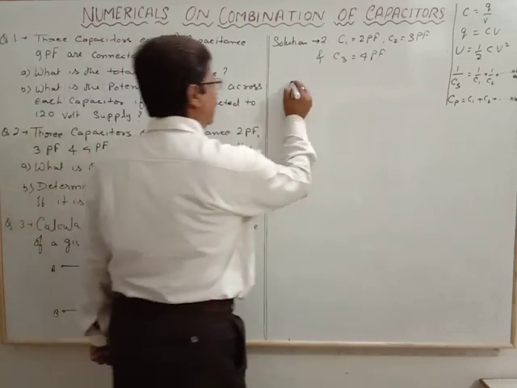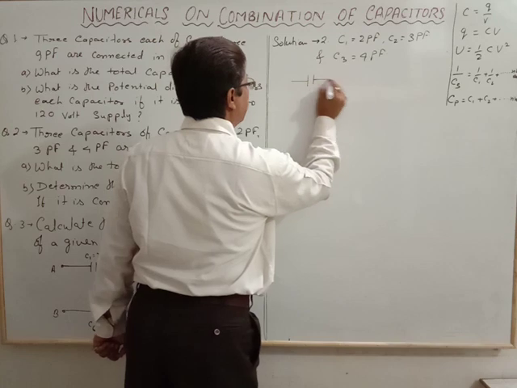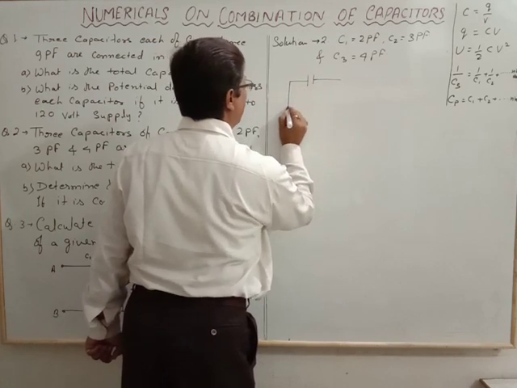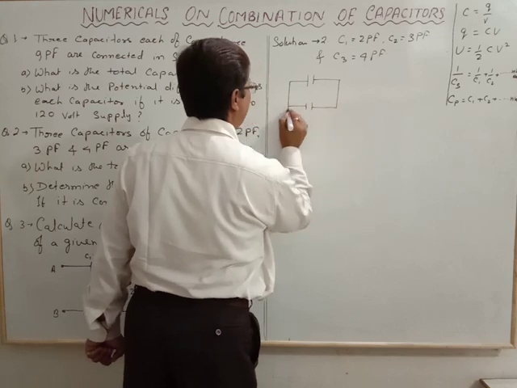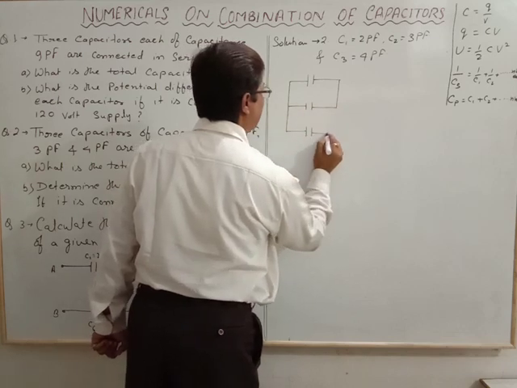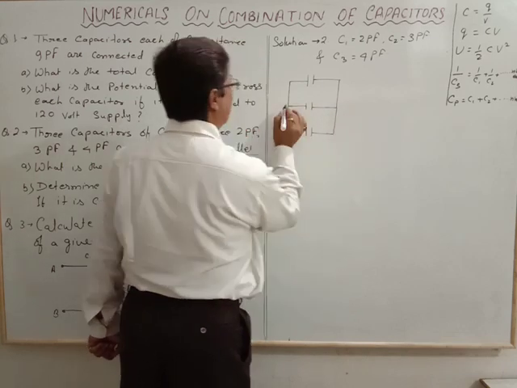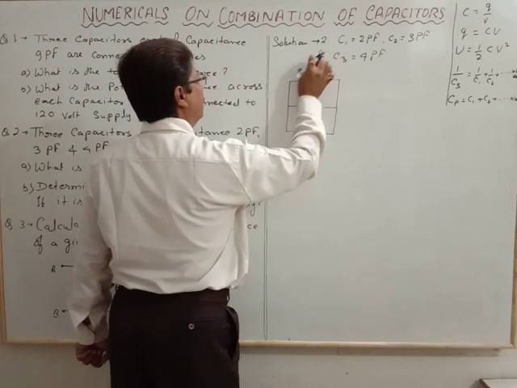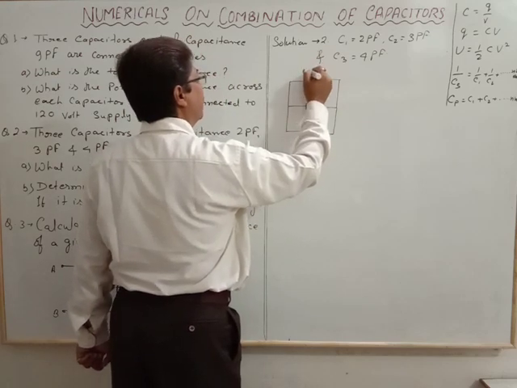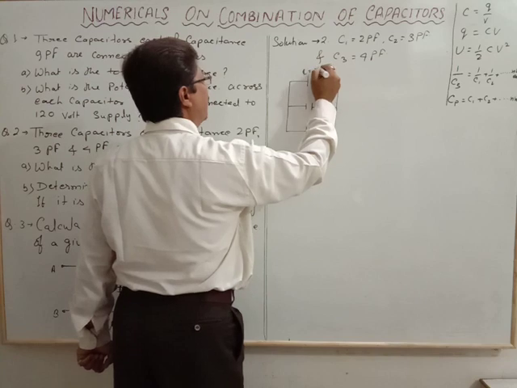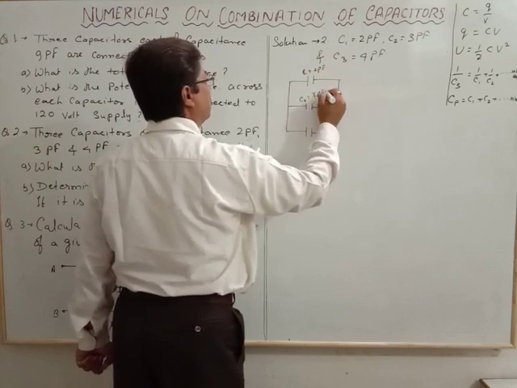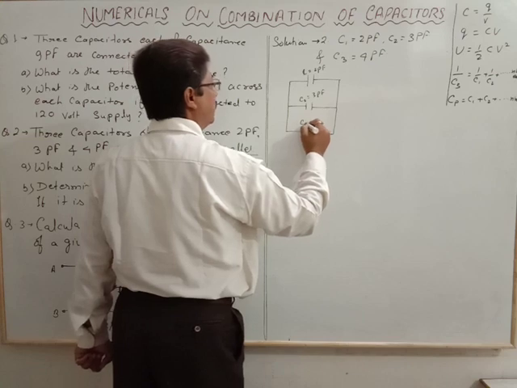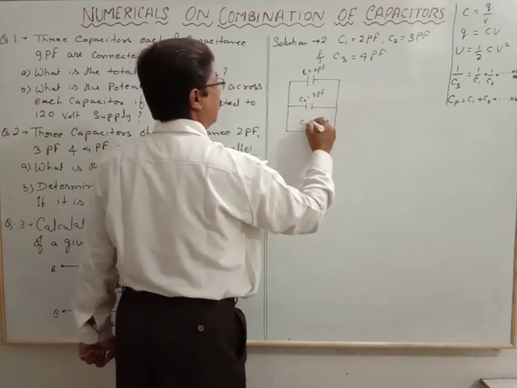For better understanding, we make the parallel combination here for the 3 capacitors. C1 is equal to 2 picofarad, C2 is equal to 3 picofarad, and C3 is equal to 4 picofarad.